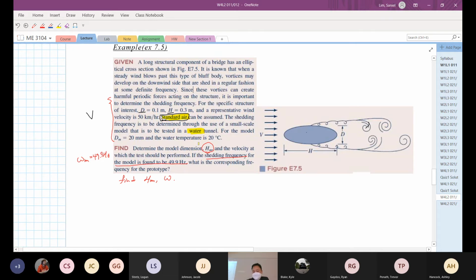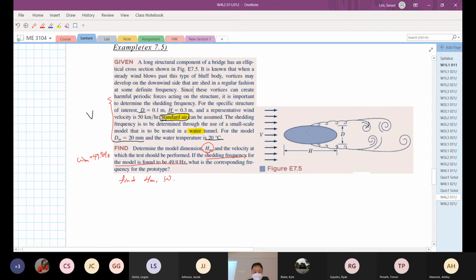So we have two different fluid media for the lab here. For the model, we have given D, which is the height of the bridge here. It's given and the water temperature is given. Of course, we need to consider the property values of the water and the air.